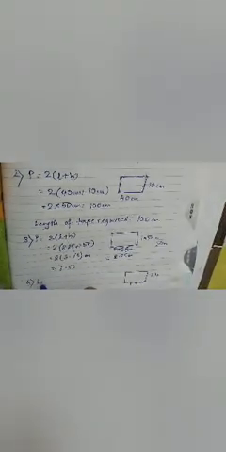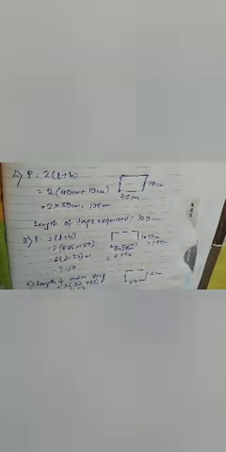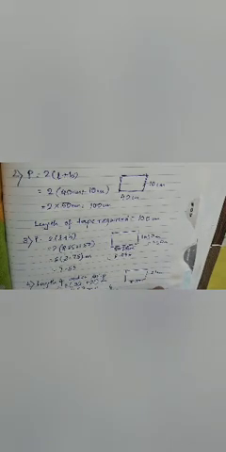The length of the wooden strip is the perimeter: 2 into (32 plus 21) centimeter, that is 2 into 53 centimeter, that is 2 times 3 is 6, 2 times 5 is 10, 106 centimeter. Okay.